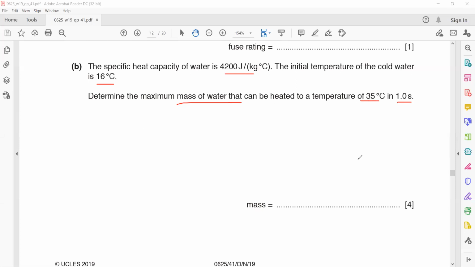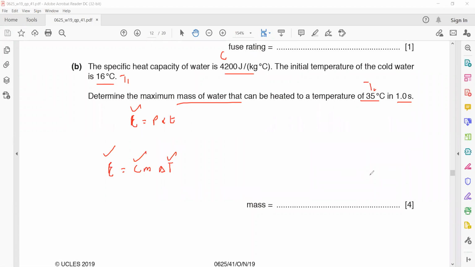You have delta T, you have the specific heat, you have E. So you can find how much mass of water can be heated. Energy is power multiplied by time, power is 9000, time is 1 second. So when time is 1 second, energy and power have the same value.